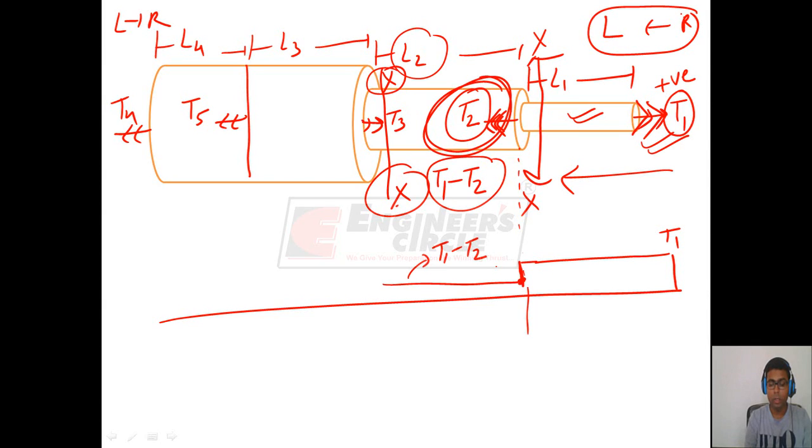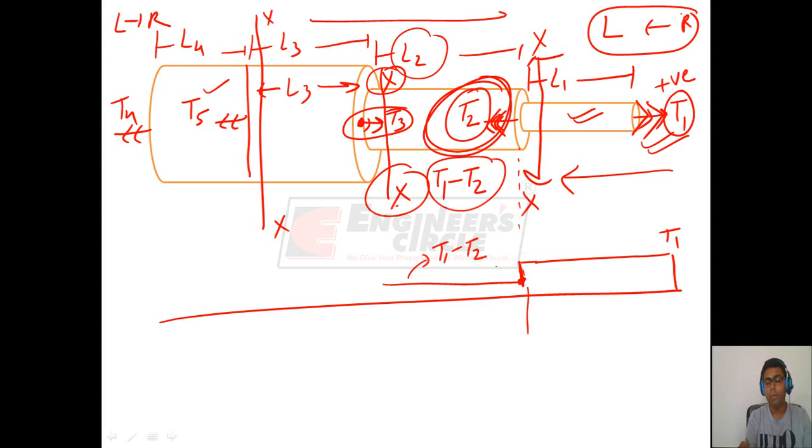Now there is a new load acting at this point, which is T3. So make another section at this point, just before the application of the new torque. Now to find the internal torque in the portion L3, look at all the loads acting to the right of cross section XX.